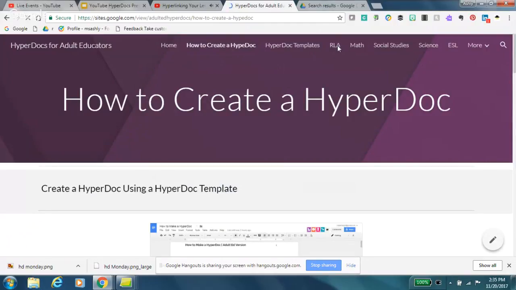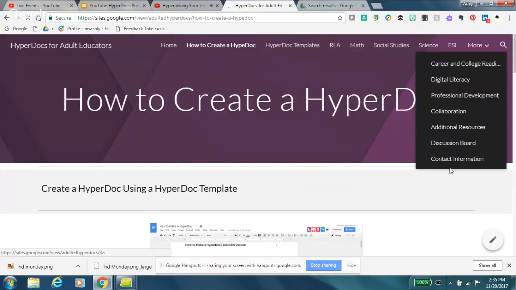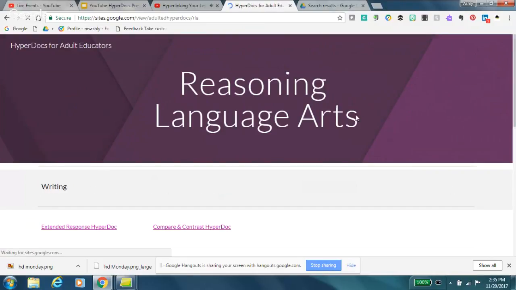On this website, I have all different subjects that I've done since I started. What I found was all of a sudden I have so many, and I didn't even realize I had that many. Like I said, I create these all the time. So I decided just to start organizing them and sharing them so anybody is welcome to use them.